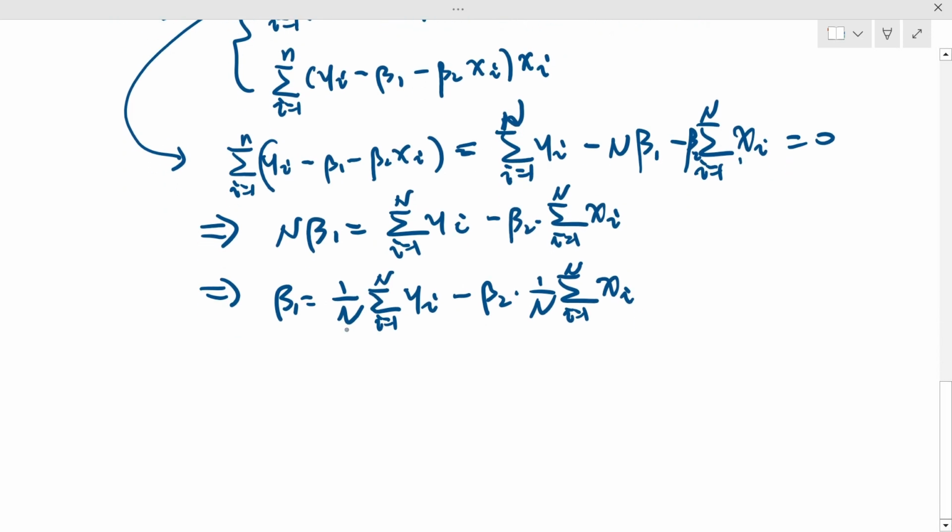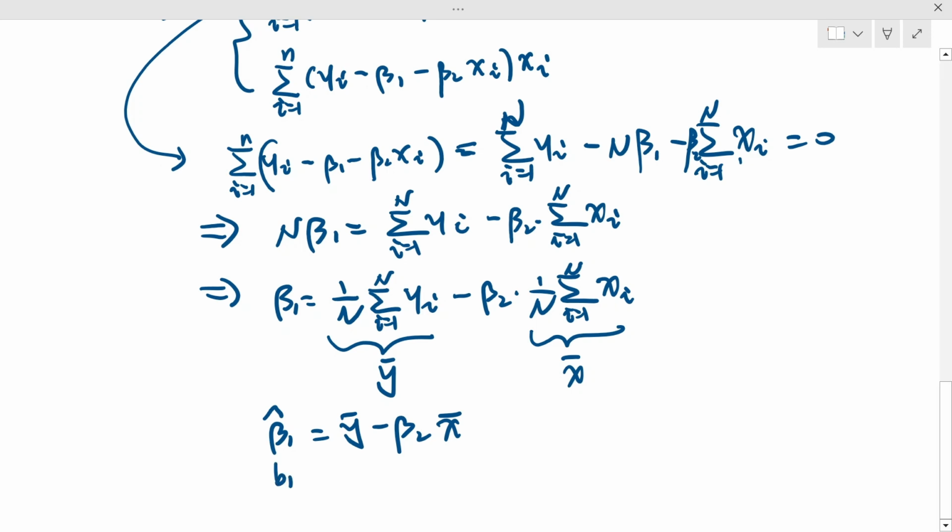We define this as y bar, which is just the average of y, and this is x bar, the average of x. So beta 1 is y bar minus beta 2 x bar. Typically we put a hat on it. In the lecture notes, we use B1 and B2 to denote the estimates, so we put a hat here to denote this estimate. Okay, that's the first equation.